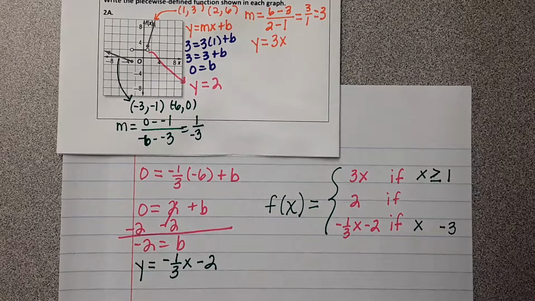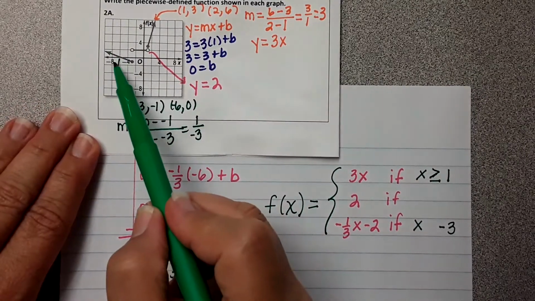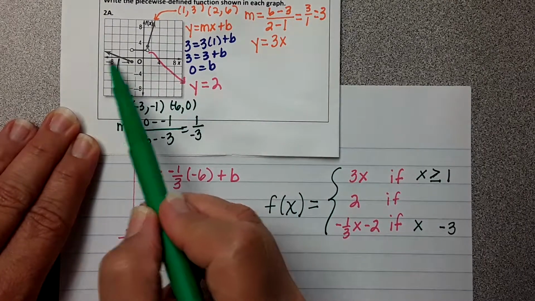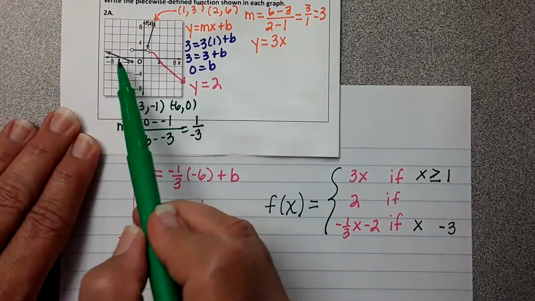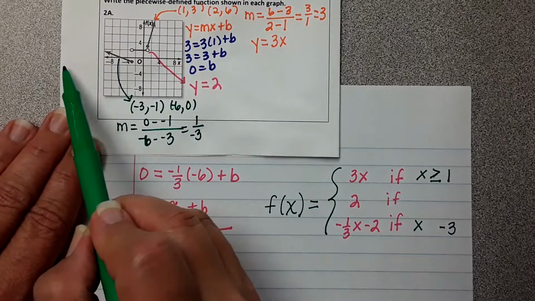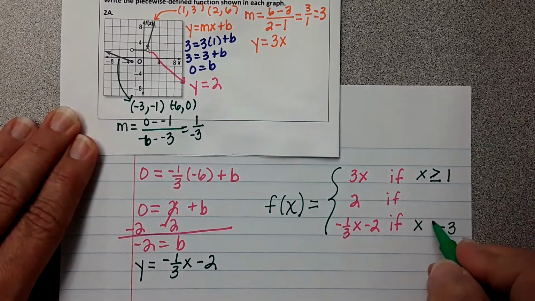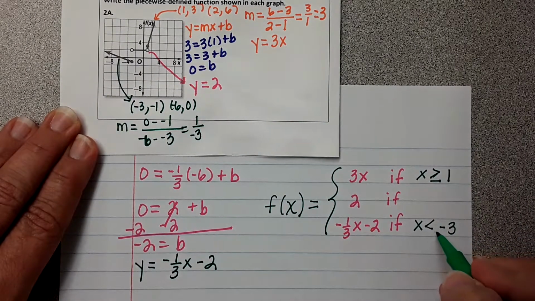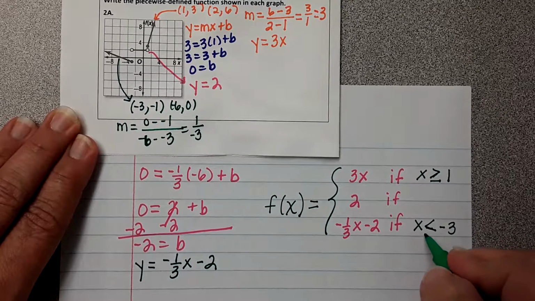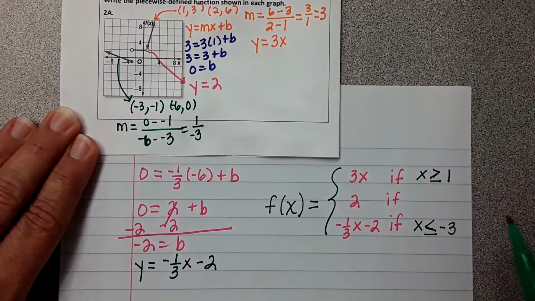Now, do we want the x values to be greater than -3 or less than -3? Our y's are increasing, but our x's are decreasing, so we want it to be less than. And does it include -3 or exclude it? It includes it because it's a closed dot.